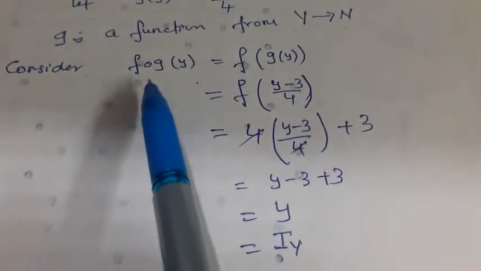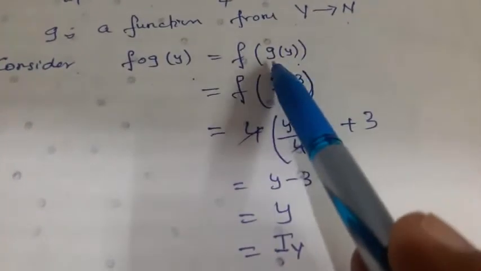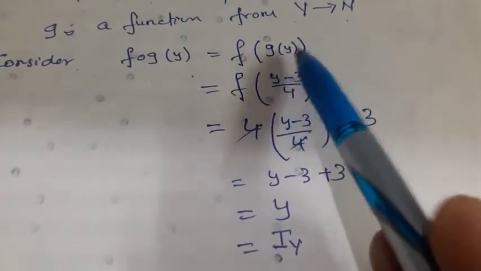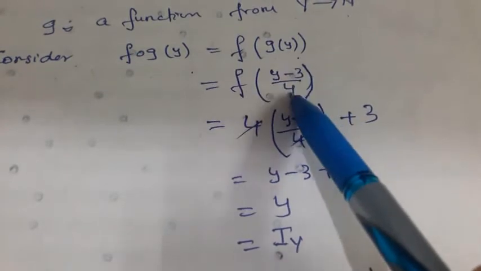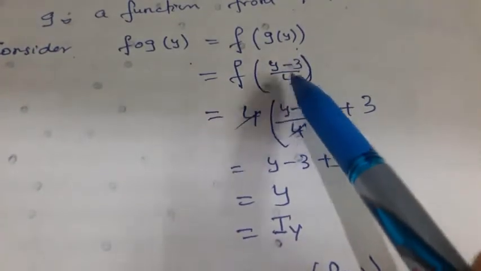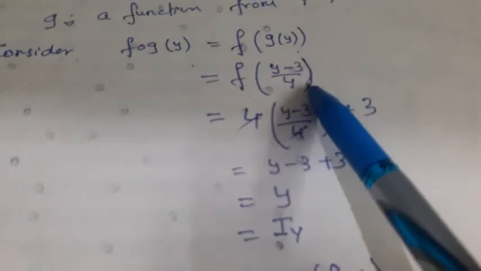First let us consider f composite g of y, that is equal to f of g of y. You know we have already taken g of y is equal to (y minus 3) by 4, and once you have written this, it is possible to find f of (y minus 3) by 4.